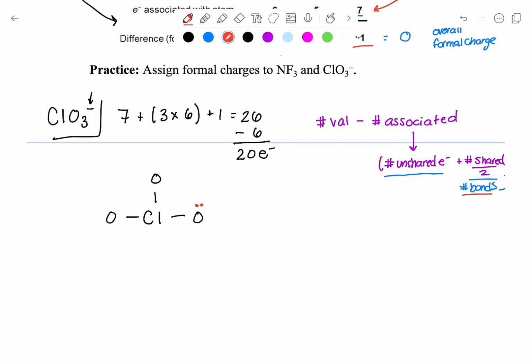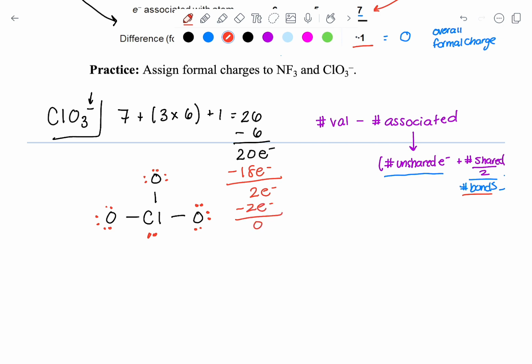So we do 1, 2, 3, up to 18. So I used up 18 electrons to complete the octets of the oxygens. I now have 2 electrons left over, which I'm going to put on my central chlorine to complete its octet. So I used up all my electrons.